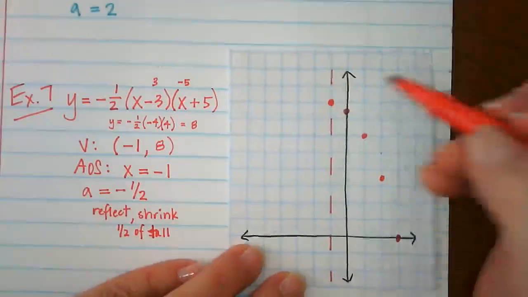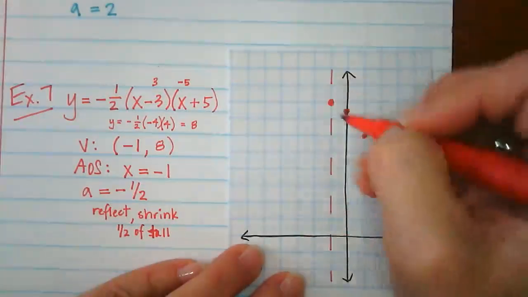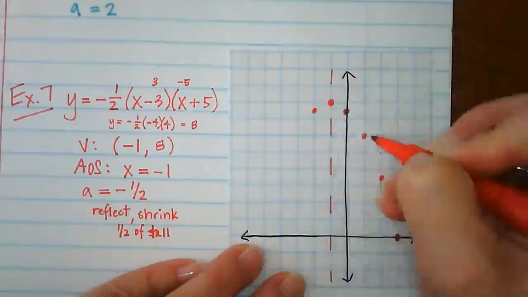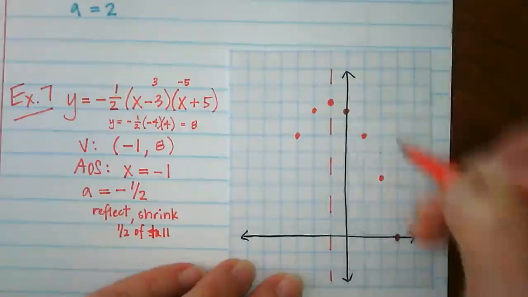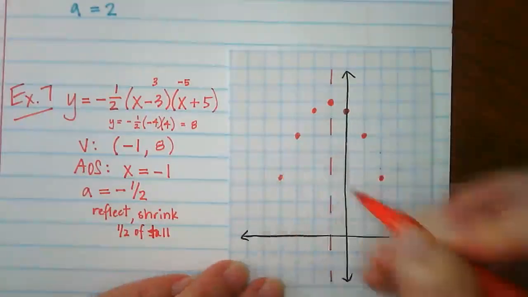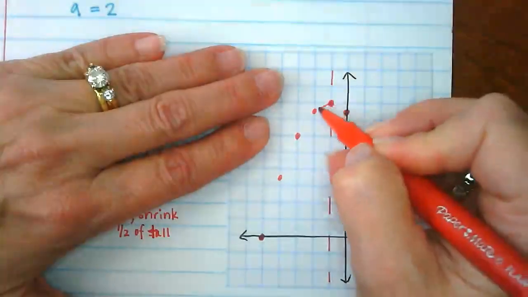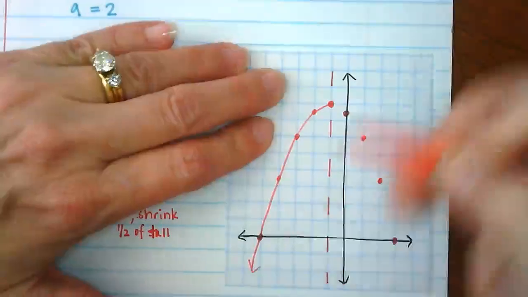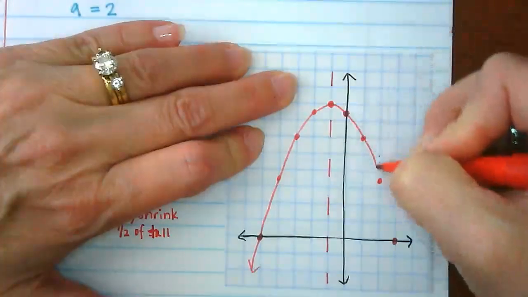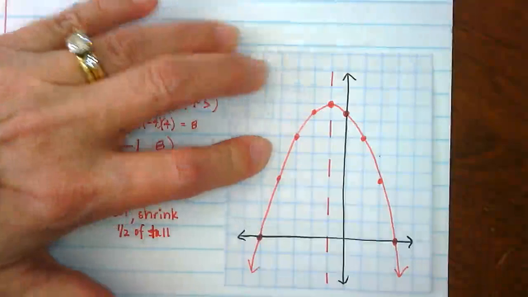All right, so I know that because this is an axis of symmetry, I have mirror image points over here, here, there, and there. So now we have a good idea of where this parabola is located. There it is right there.